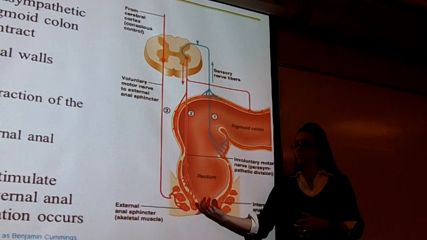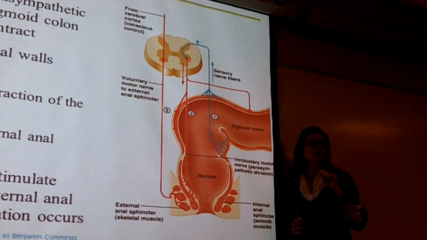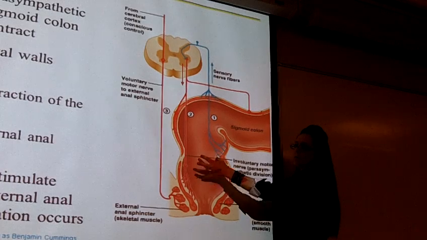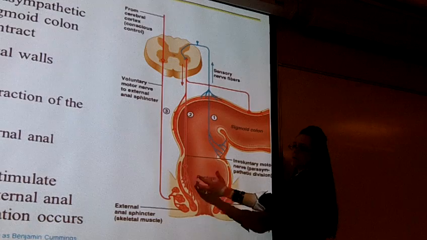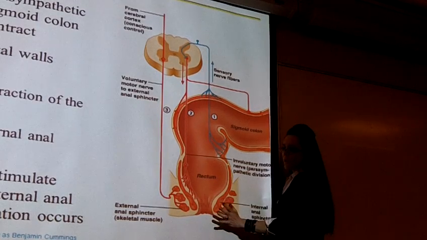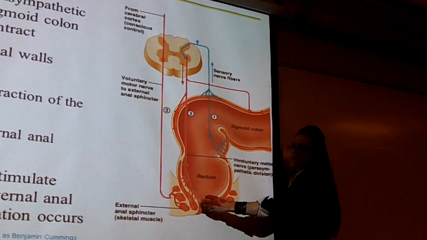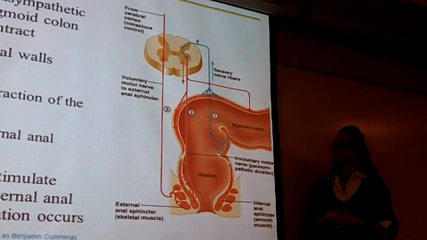And both of the sphincters are going to open due to so much pressure being generated in here. So if there's a certain amount of pressure because of the quantity of material down here, then that can override these external anal sphincters and force them to open, and then defecation happens.